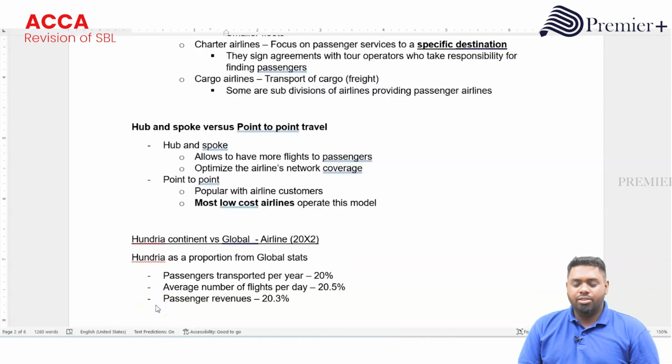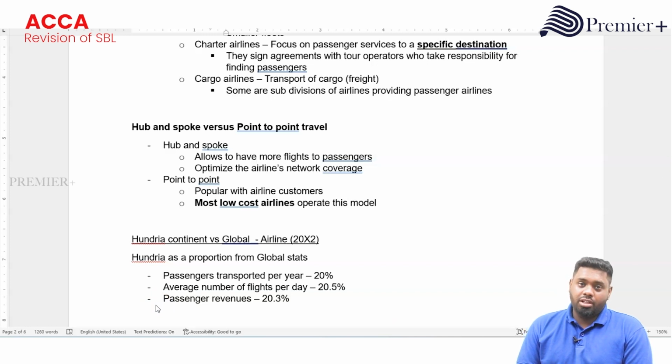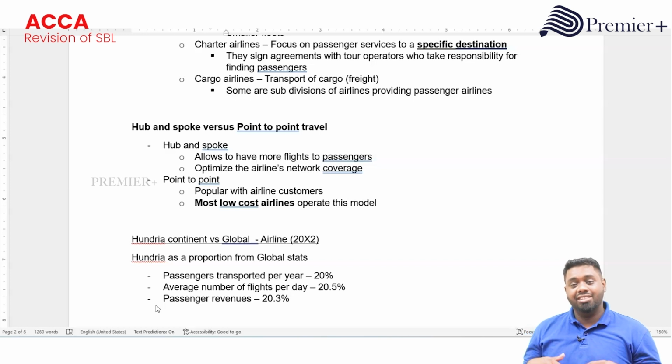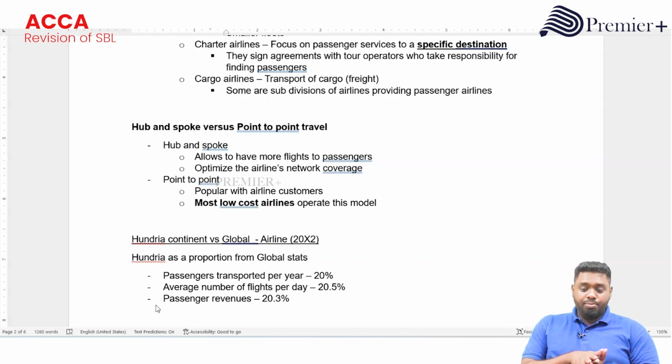All right. Next, we also looked at the difference between hub and spoke versus point-to-point travel in terms of airline services, their business model. Some airlines facilitate both hub and spoke and point-to-point travel. That's what we naturally see as well. When the destinations are quite close, we have point-to-point travel. But for longer destinations, they would basically go for hub and spoke.